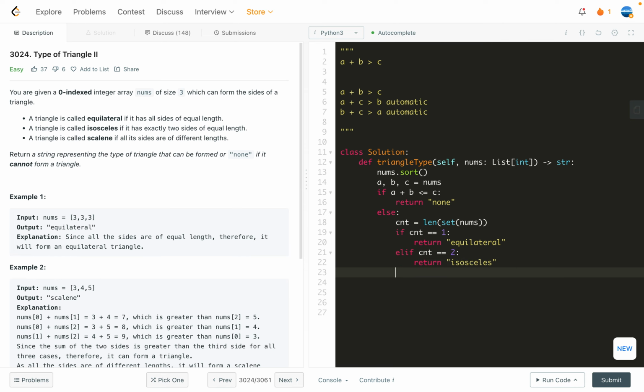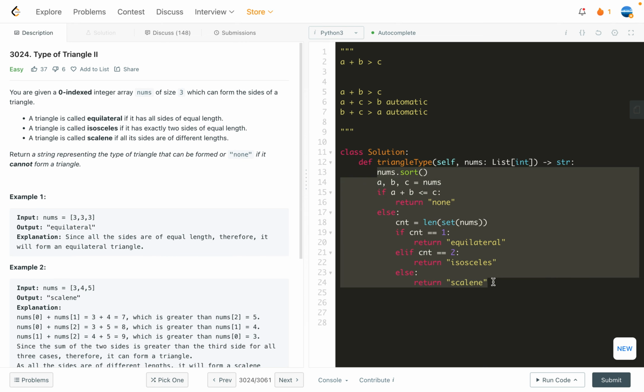And otherwise the count will be 3, so we are going to return scalene. So this forms a solution. Actually, this problem is good for some beginners, for example to practice if-else blocks and to make the logic in the right hierarchy.